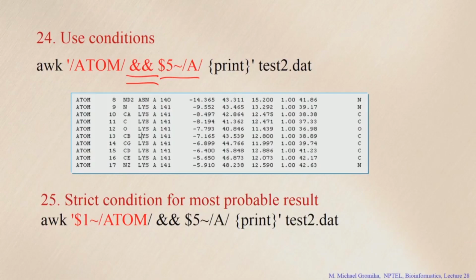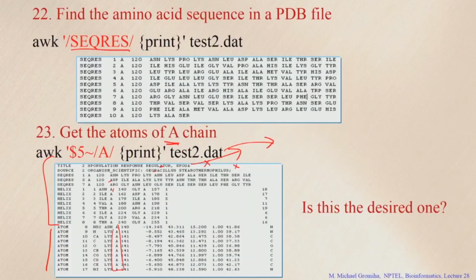So, now the fifth one starts with A and also it contains the atom record. So, now you can check with atom anywhere, and the fifth column is A, then you print. But if a record contains atom somewhere, for example, here there is an atom here, then that will print. The fifth satisfies with the A and this is atom, that will print.